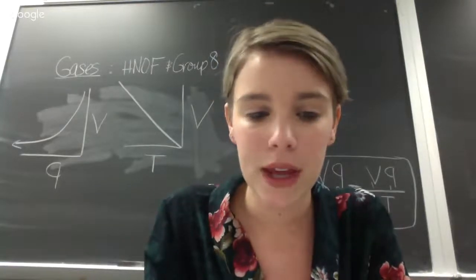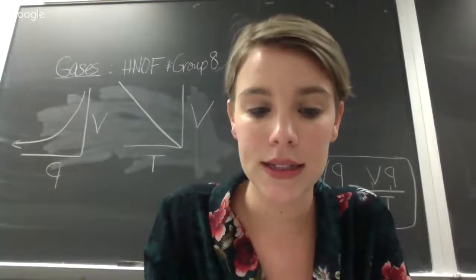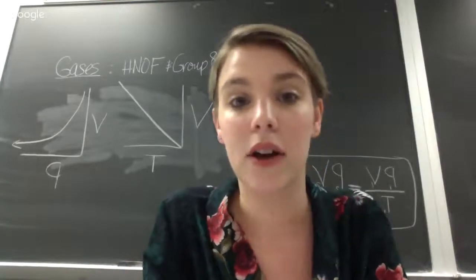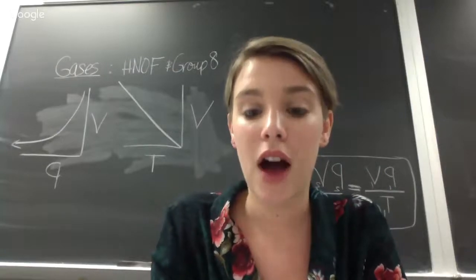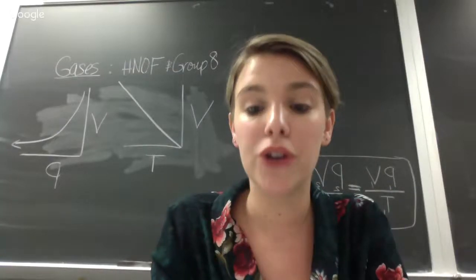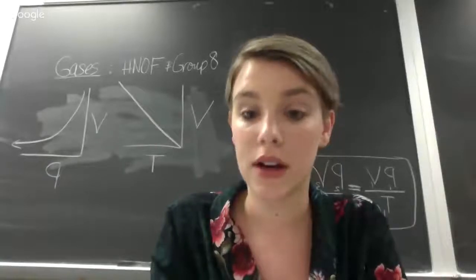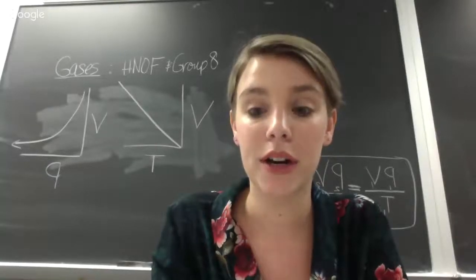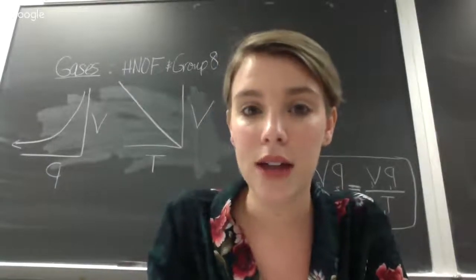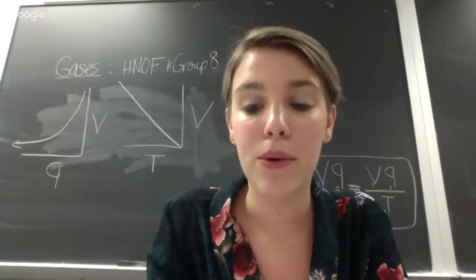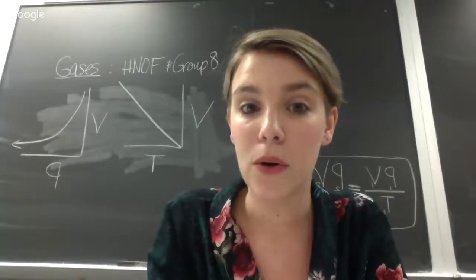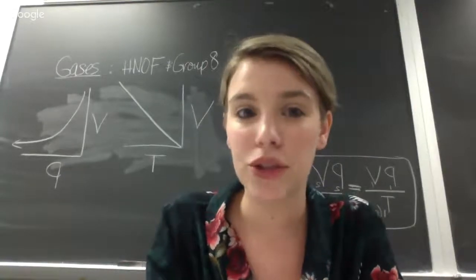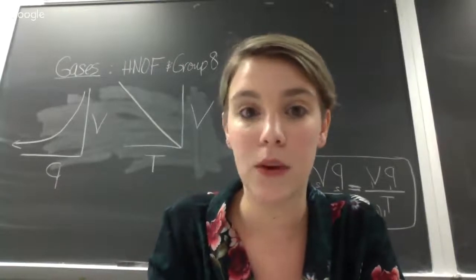Another important thing you want to learn is the ideal gas law. The ideal gas law relates pressure, volume, moles, the constant, and temperature. Usually the constant will be 8.314 joules over Kelvin times mole. But your professor, I'm sure, will tell you which one he wants you to use.